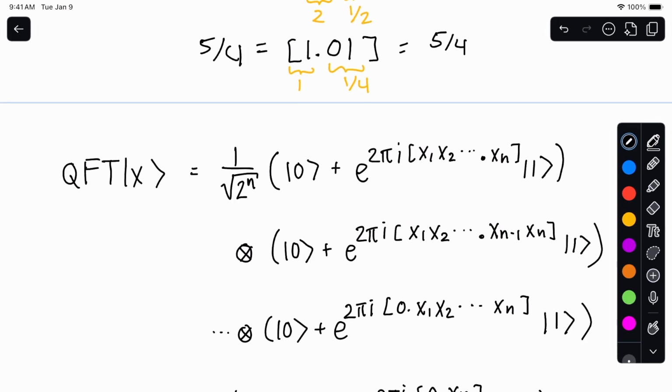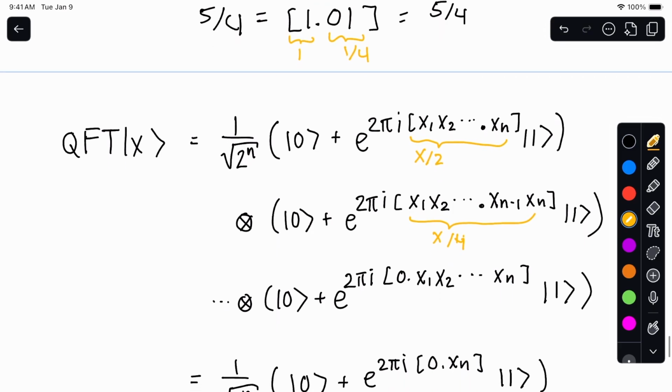So now we can take our expression from the quantum Fourier transform before and rewrite it in terms of these binary decimals or binary fractions. So remember what it looked like. This is just x over 2 because the decimal place moved 1 point over. This is x over 4, so on and so forth.